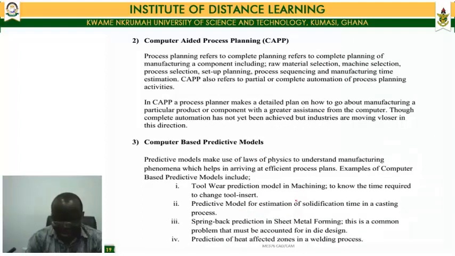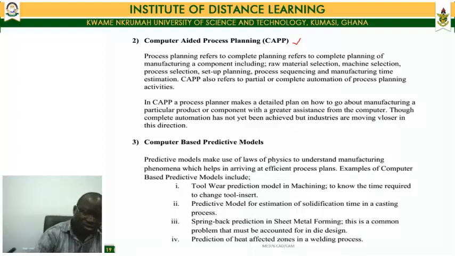Now, another example of computer-aided manufacturing is what we call computer-aided process planning, CAP. In computer-aided process planning, it basically refers to complete planning of the manufacturing process.